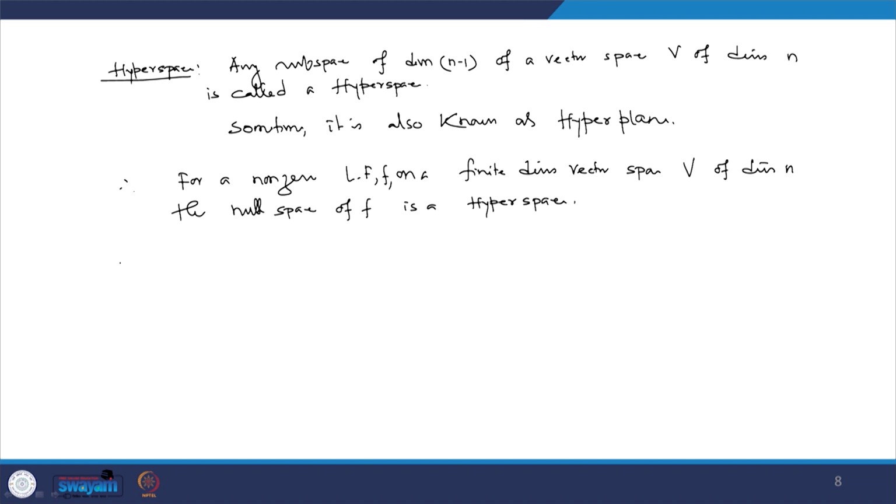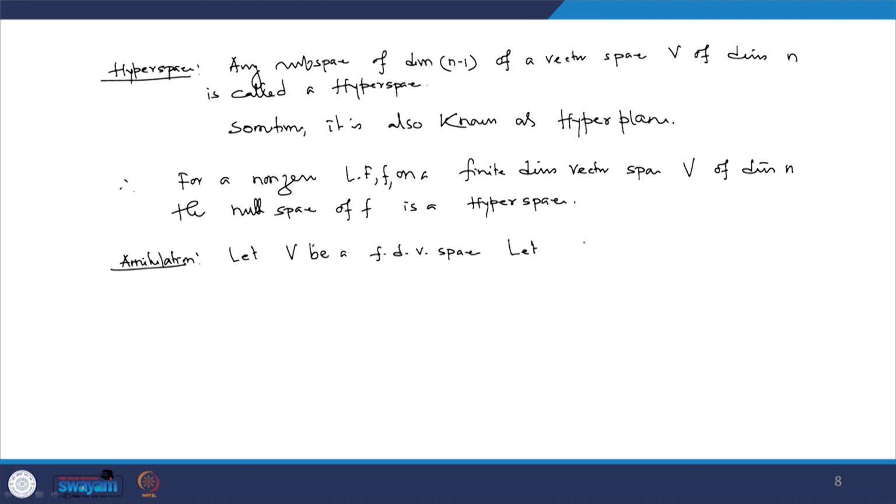Let me introduce one more terminology, that is annihilation. Let V be a finite dimensional vector space.